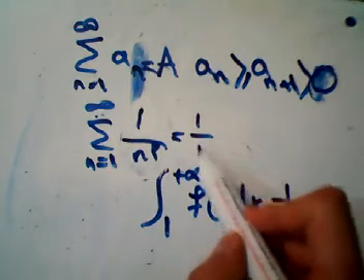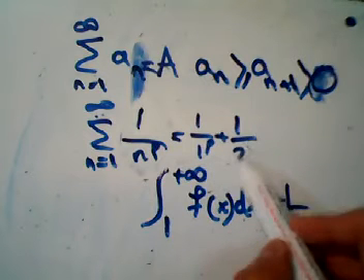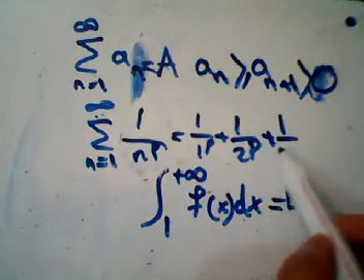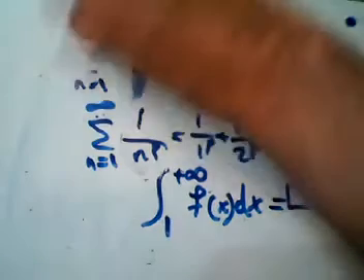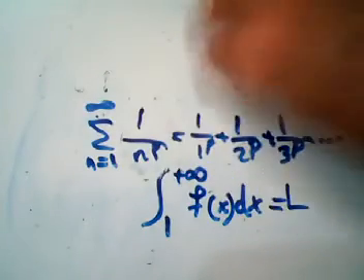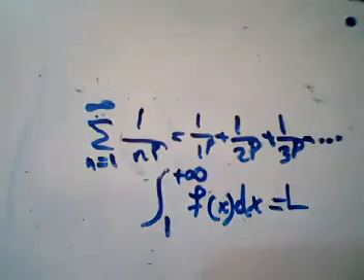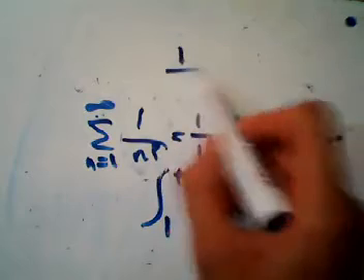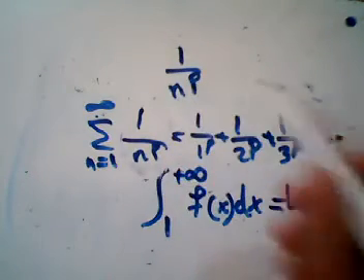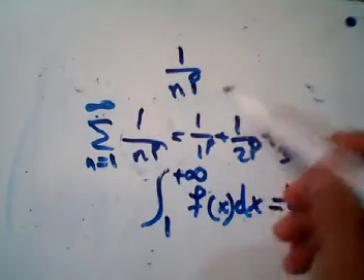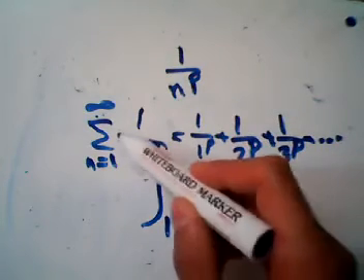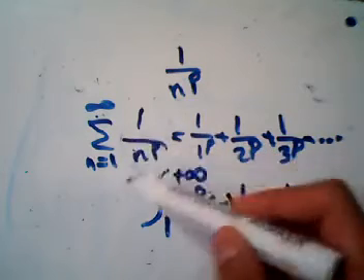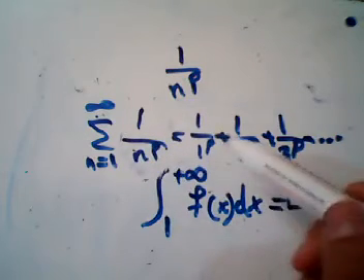Which is 1 over 1 to the power of p plus 1 over 2 to the power of p, 3 to the power of p, and so on. The general term is 1 over n to the power of p, and this is positive. If this was not positive, do the absolute value, work with that anyway.